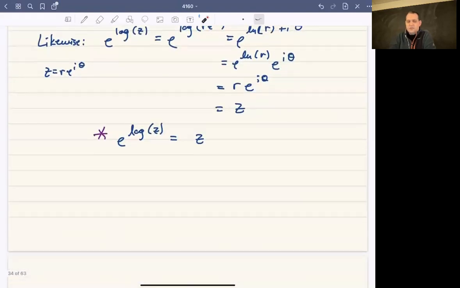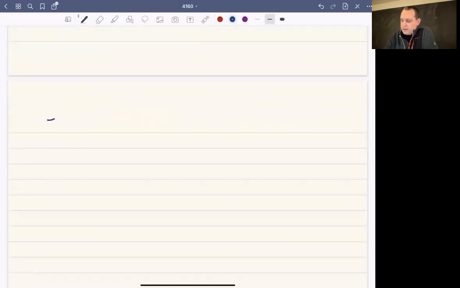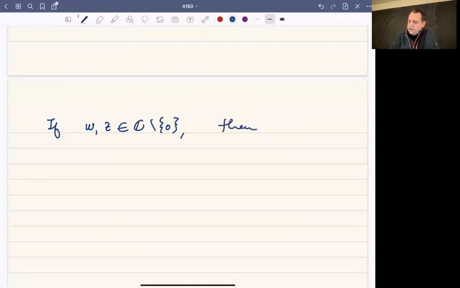So this is the first two things that I wanted to show you, is that logs and complex exponentials are inverses. The next thing I want to do is I want to prove that if, say, w and z are complex numbers not equal to 0, then let's look at the log of w times z.